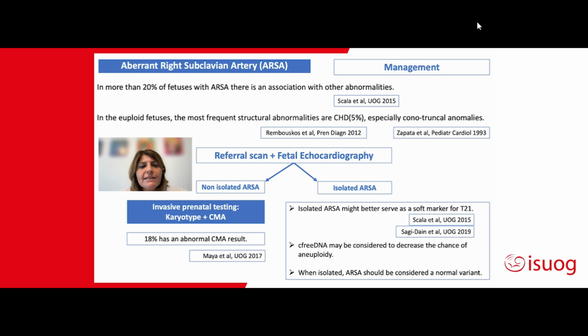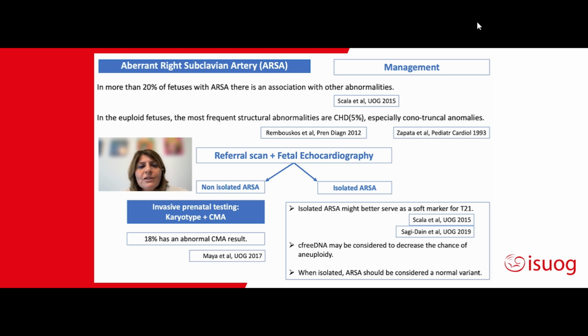In such cases, chromosomal microarray analysis is also recommended, as pathogenetic copy number variations have been identified in approximately 18% of non-isolated cases. Conversely, isolated ARSA is more appropriately considered a soft marker for Down syndrome rather than a standalone indication for invasive testing.